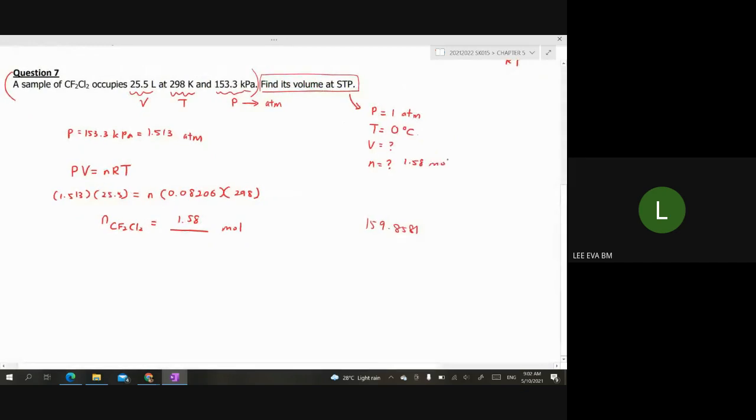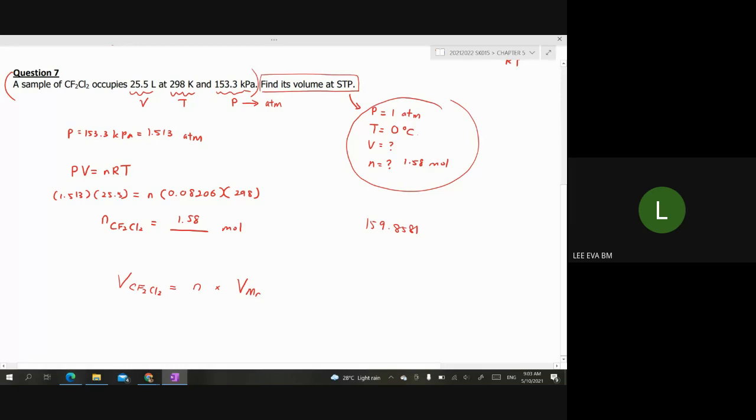1.58 mole of CF2Cl2. So for the following data here, you have two options. Satu option yang sebelum ini awak pernah pakai, which is using volume of CF2Cl2 equals number of mole times the molar volume.